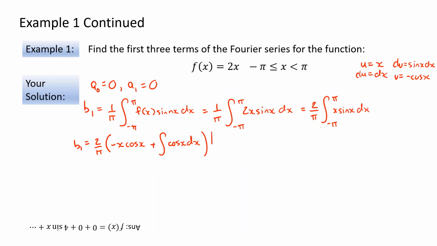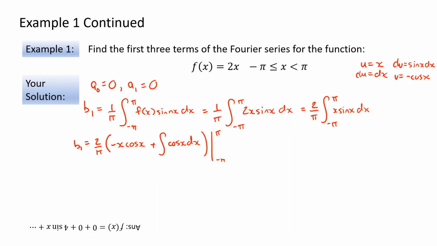Remember, this integration by parts is all evaluated at pi and negative pi, because that is the period. The good reason to start with 2 pi is that sine and cosine functions have a standard period of 2 pi. That's why we start in Fourier series with 2 pi, because the terms within the Fourier series are just infinite numbers of sine and cosine waves.